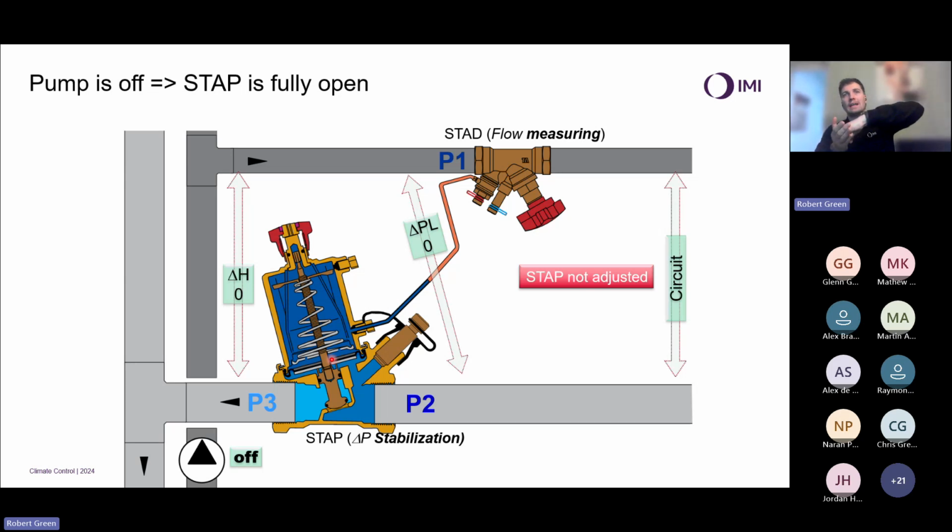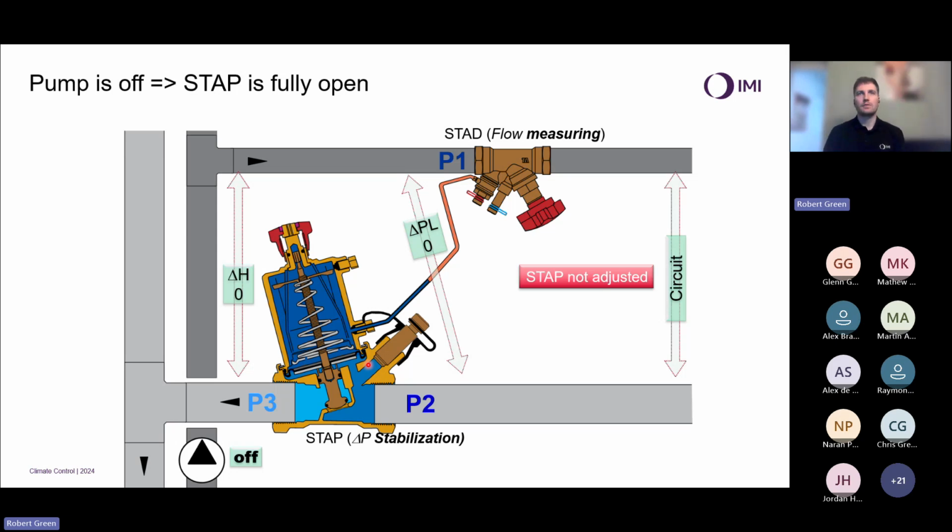So we are providing a force to open the valve, and an external force is being provided via pressure P1 and P2. We can see the difference between P1 and P2. When that is equal to the spring force, my valve will sit in position. When it's different, if P1 is higher, it's going to close. If P2 becomes higher, i.e. my differential pressure is less, it's going to open.